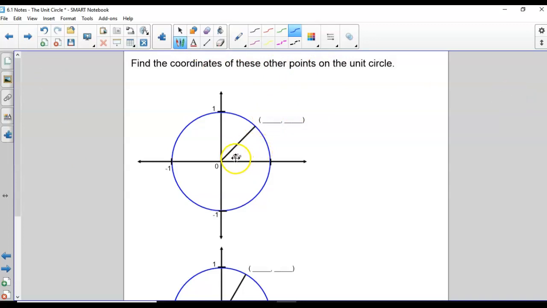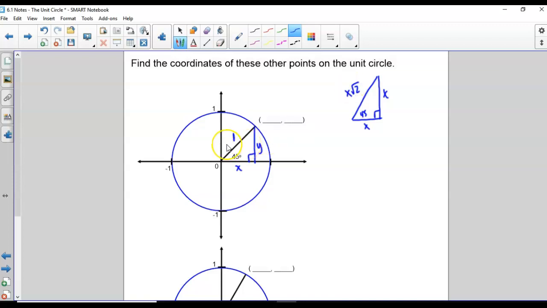Okay, so let's look at the other points on the coordinate plane. So if I have a 45-degree angle here, then if I make myself a right triangle here, and this is x and this is y, and I know this side right here is 1. In a 45-45-90 triangle, if I know the legs, then the hypotenuse is that leg times the square root of 2.